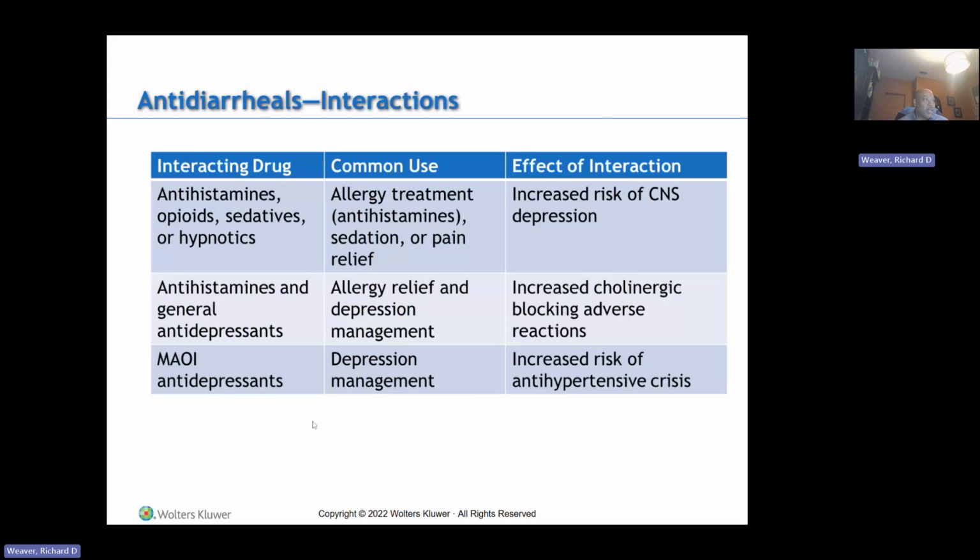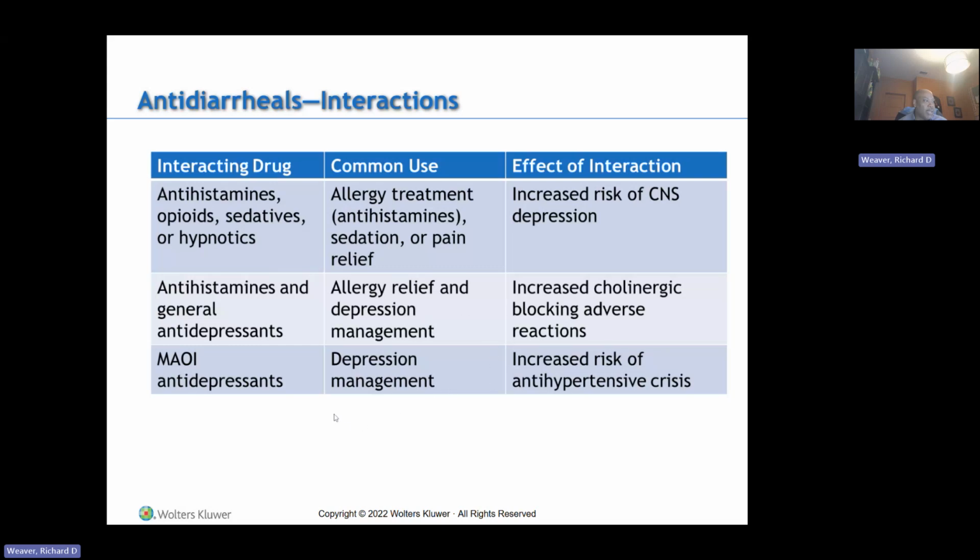And of course, the middle part of this table just shows you why these drugs will be given. So the antihistamine is for allergies, and the opioids would be for pain, and the sedatives and hypnotics and so forth. All right. And so just take a look at the rest of these.